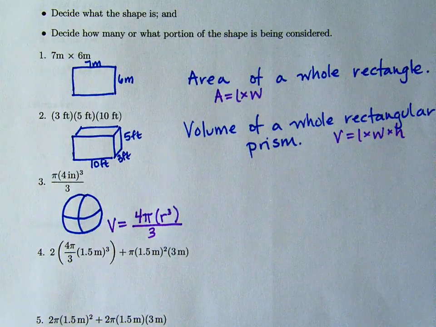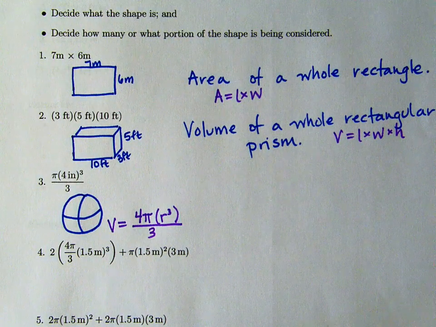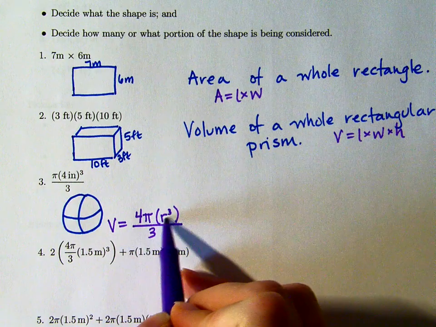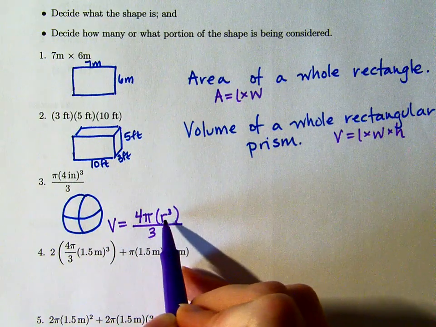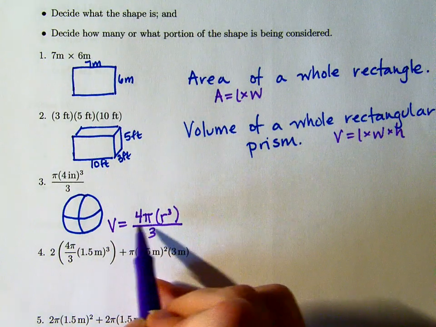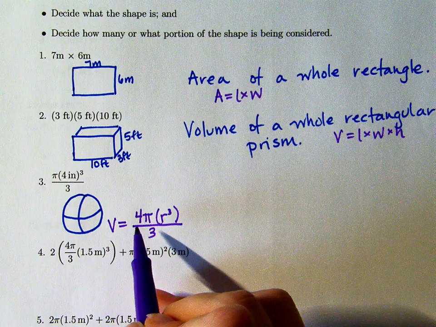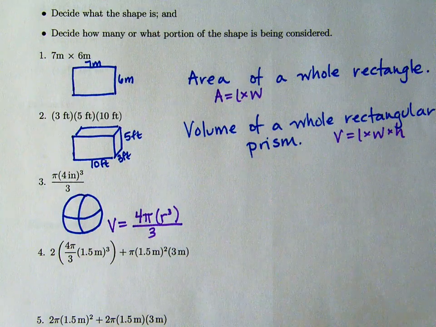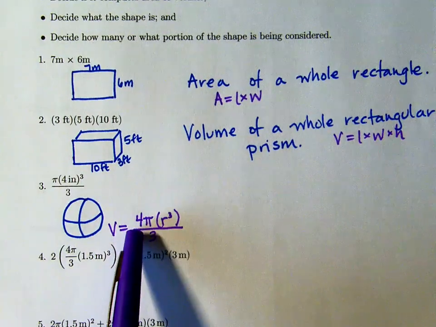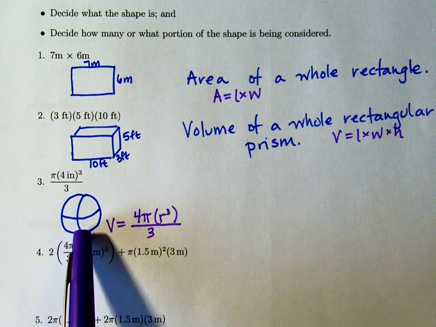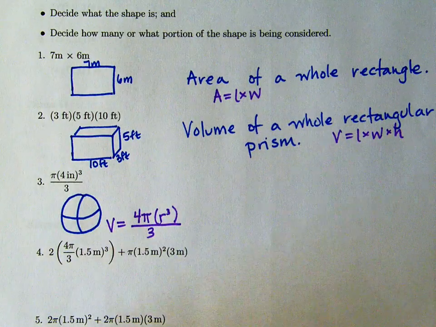Okay, a third of that. It looks like r is the 4 inches. So 4 inches cubed, and there's the pi. Here's the third of it, but we don't have all 4. I see, so we just have a portion of it. It needs 4 of these in order to create an entire sphere, so we just have a quarter.